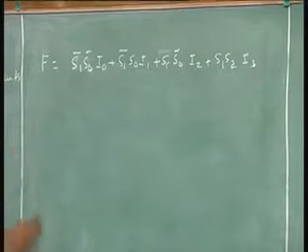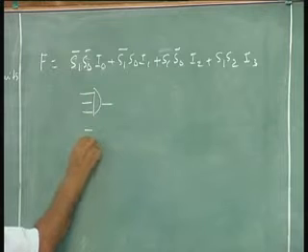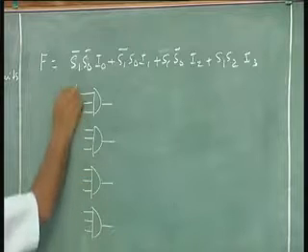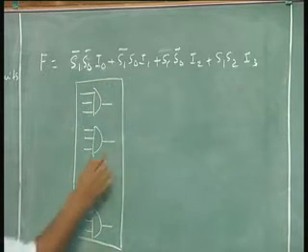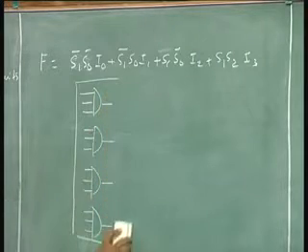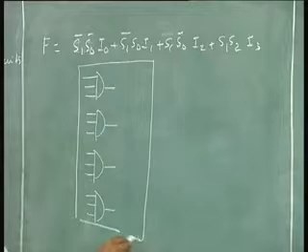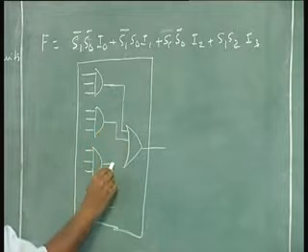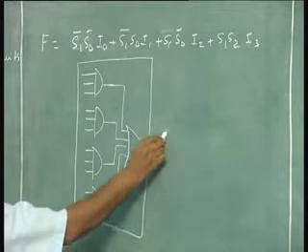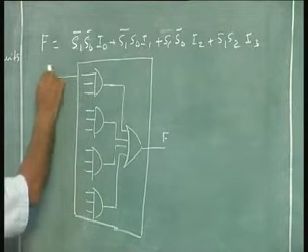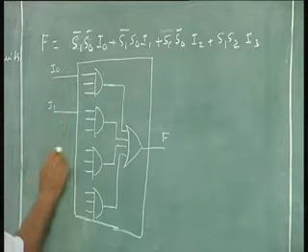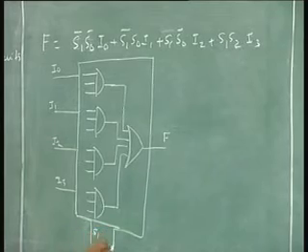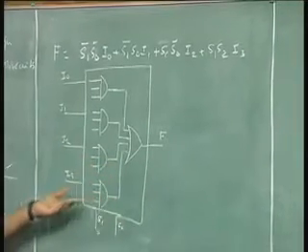So I can have, for example, F. I am not showing all these connections, it will just clutter the drawing, you know what I mean.